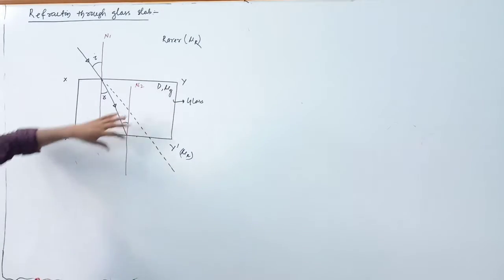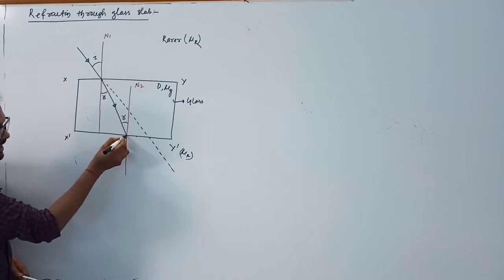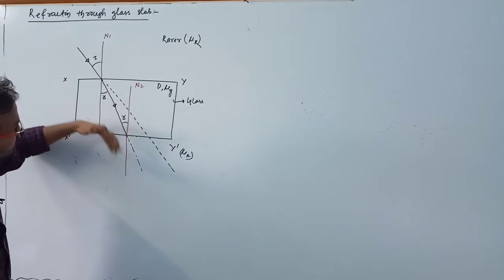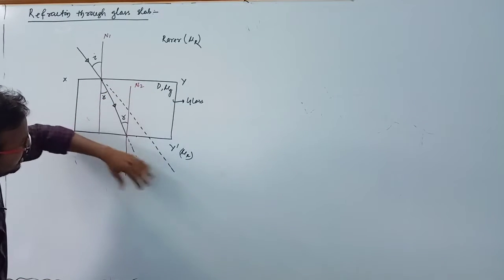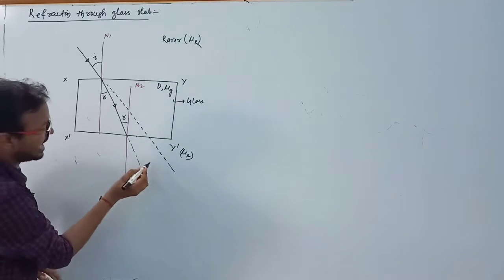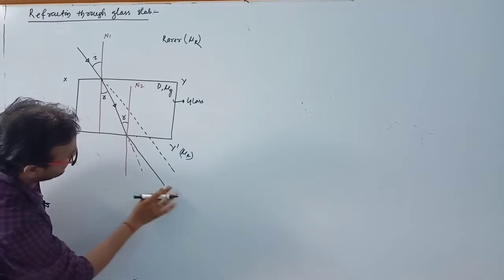Now, when light travels from denser to rarer medium, this is the line of action of this refracted ray, like this. But when traveling from denser to rarer medium, it bends away from the normal. This is the normal, then it goes away from the normal and travels in this direction, like this.